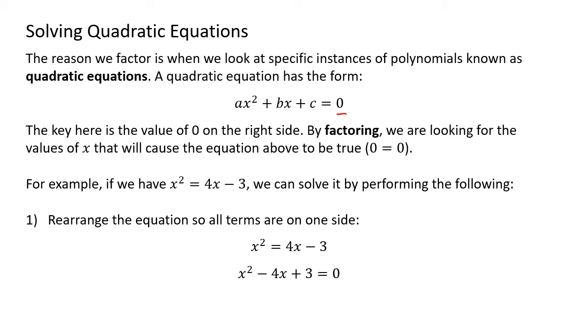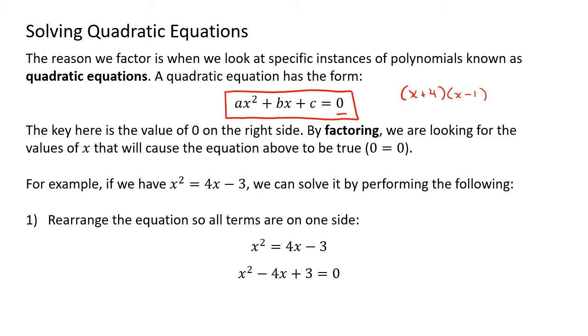And what we're looking for here is when we factor the equation, let's say going back we had x plus 4 and x minus 1. What we're looking for are the terms that cause this expression to be true.